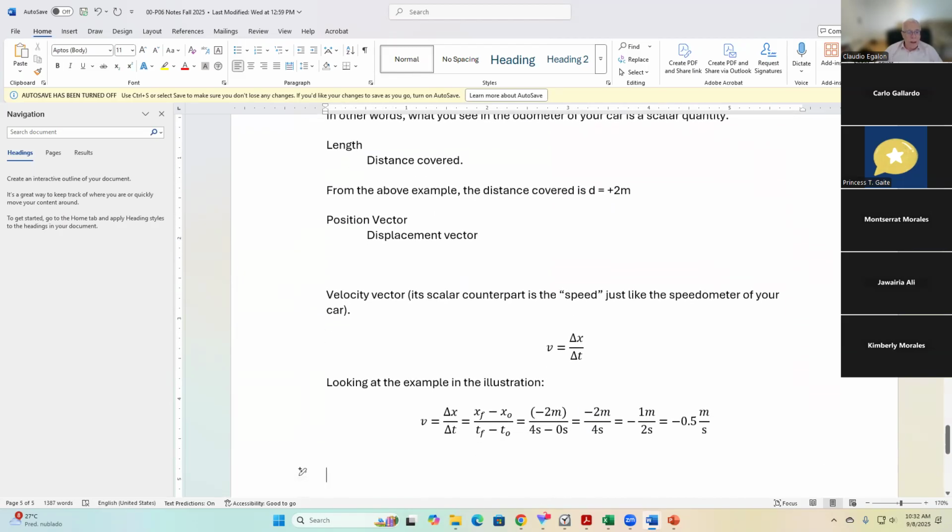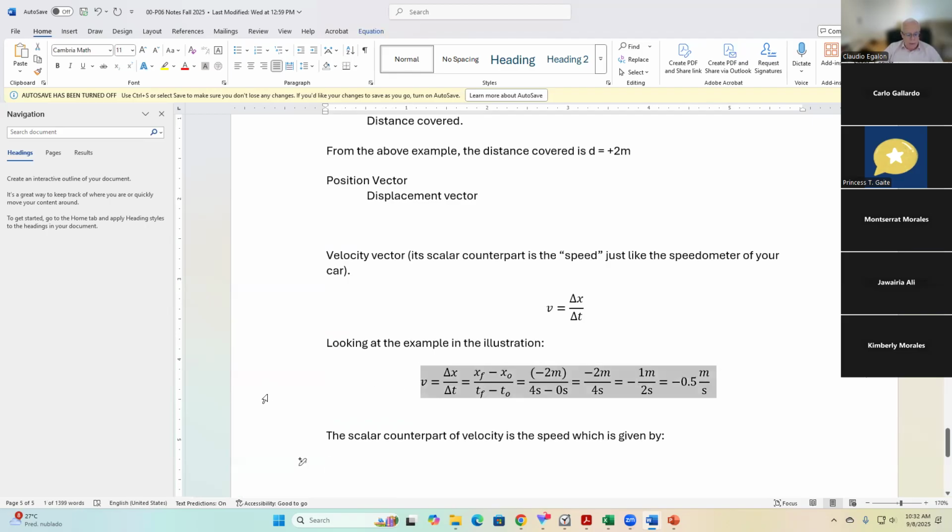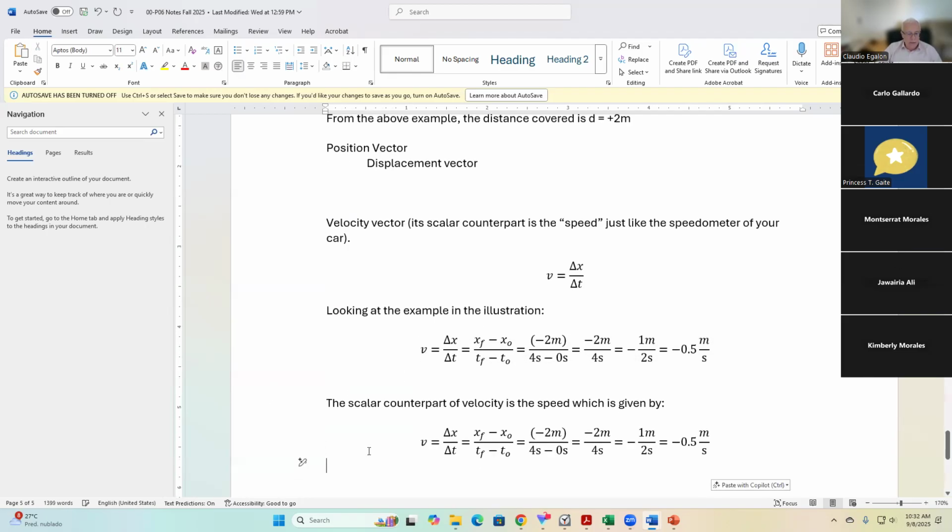And now we also have the scalar counterpart of velocity, which is the speed, right? Which is given by a similar equation, but it has a different meaning. The speed, I'm going to denote by the letter S, but don't mistake it for the second.